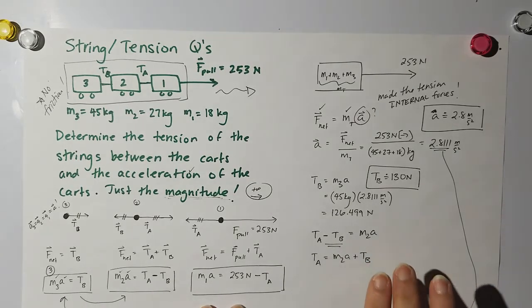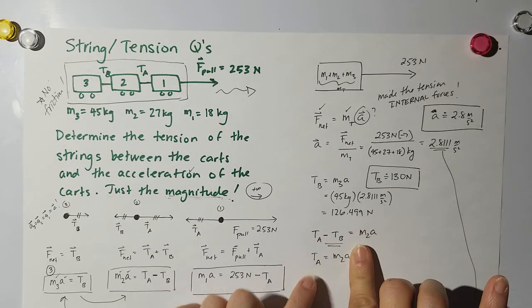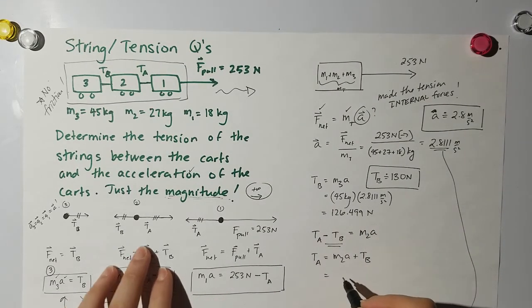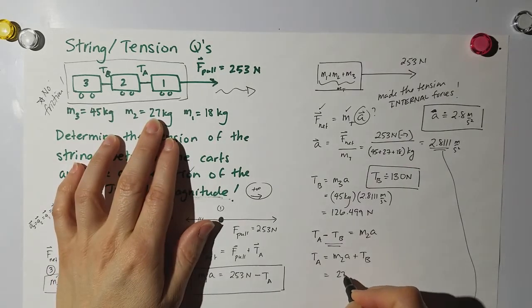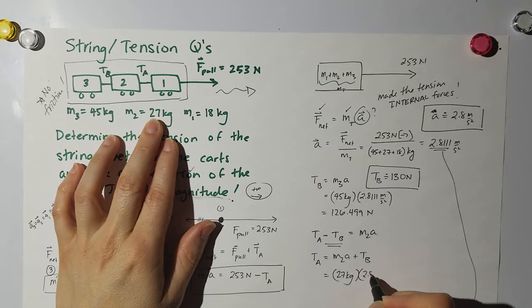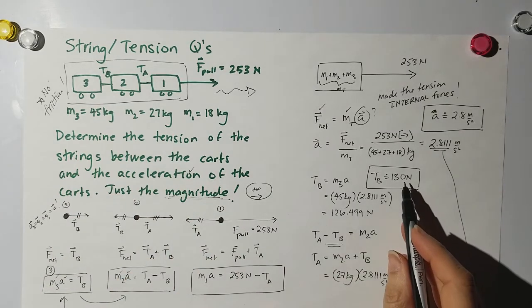So imagine if the cart string got cut, TB, all of a sudden, this is what tension A would be. But since that cart is attached, we need to have that extra force there. So M2, make sure you're using the right masses, 27 kilograms. The acceleration is still the same, 2.8111 meters per second squared, plus TB, and TB is 130.